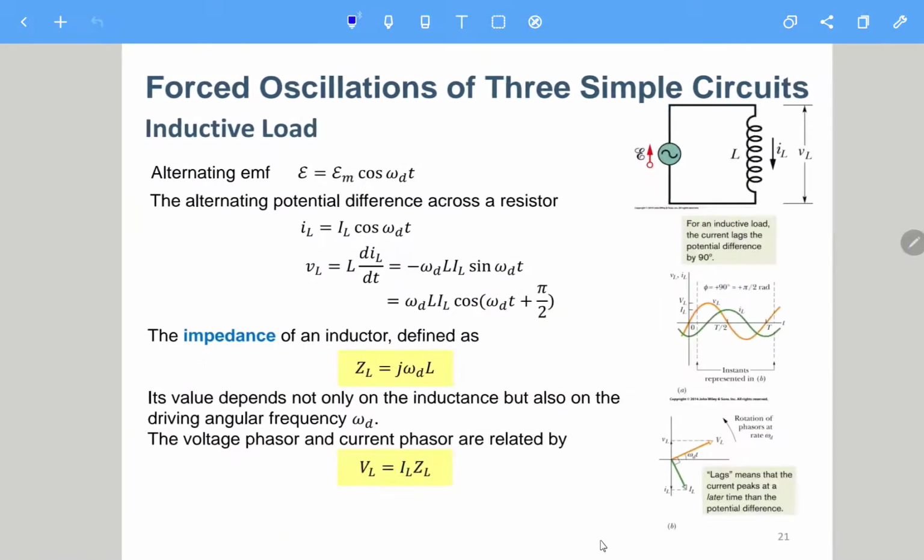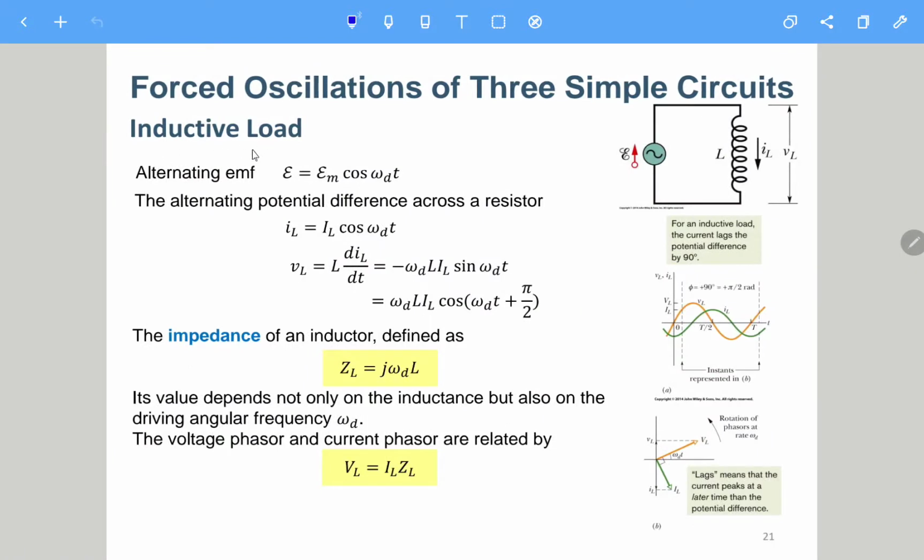And then for the third case, which is about the inductive load. Similarly, we have this AC source in series with the inductor. In this case, we still have E equals E_m cosine omega t. And then for the current, we know the current first, and it is i_L equals capital I_L cosine omega t.